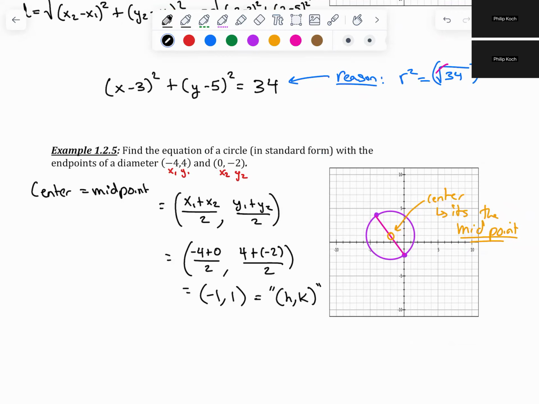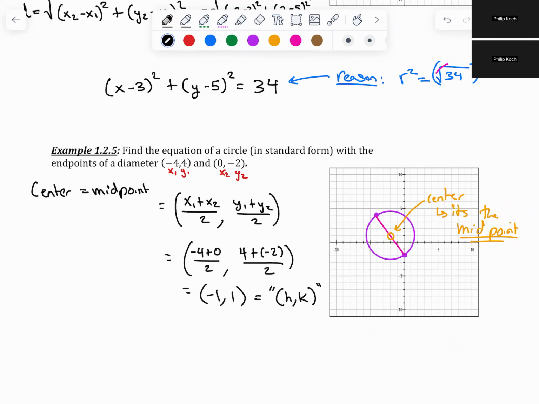The only thing left in the circle is to find the radius. And there are now two ways. You could either find the radius first, or you could find the center first. If you found the radius first, I'd find the diameter and then divide it by 2, because the diameter is double the radius. But now that we found the center, we can also use that as our secondary point.